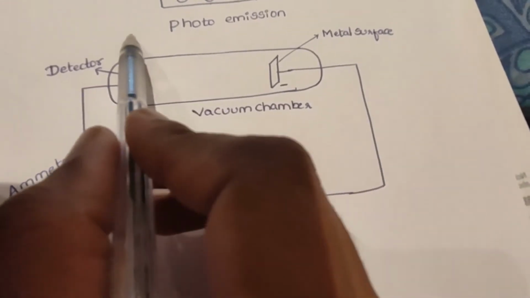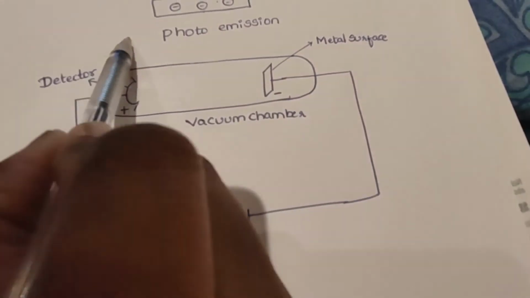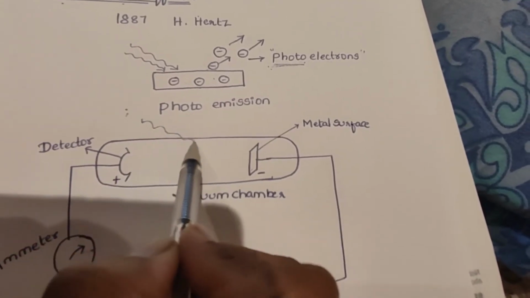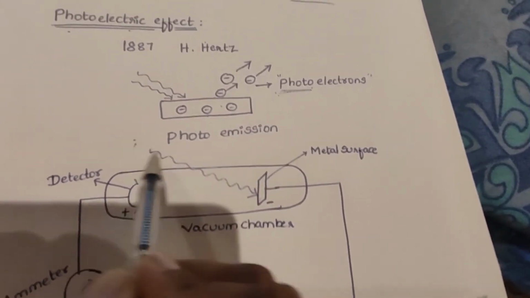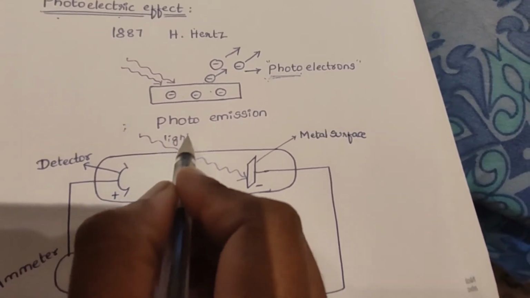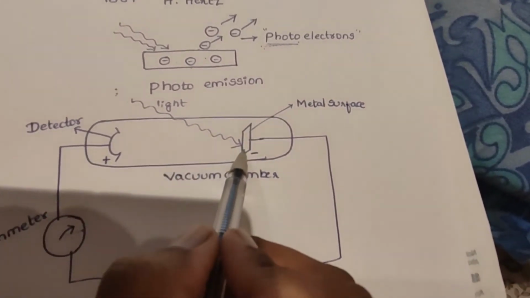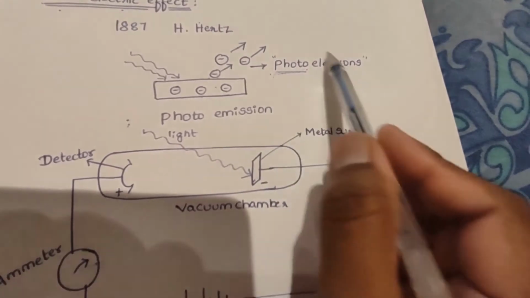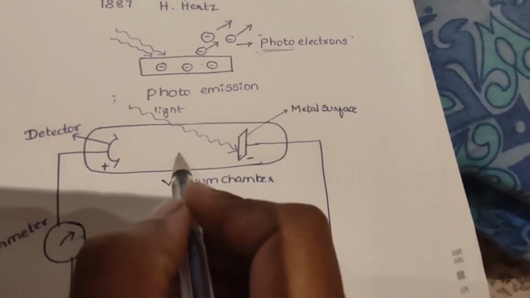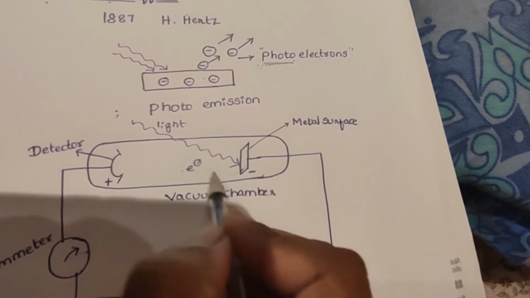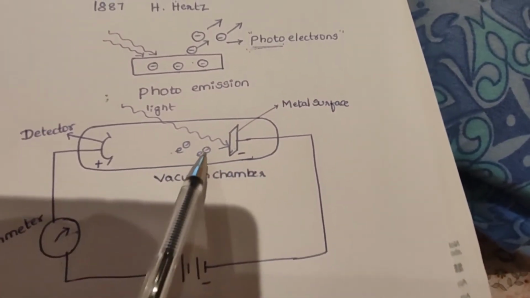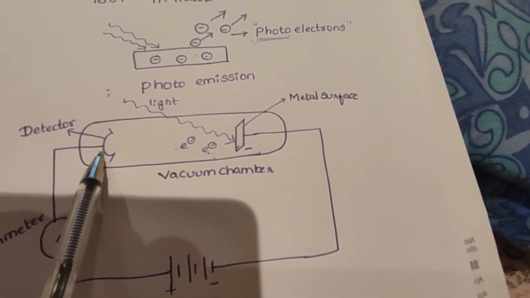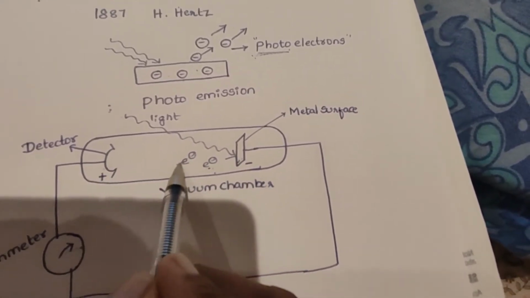So here, when light is made to incident on the metal surface, light strikes the metal surface, then what is emitted from the metal surface? Electrons. So negatively charged electrons are ejected. These negatively charged electrons obviously move towards the positively charged detector.